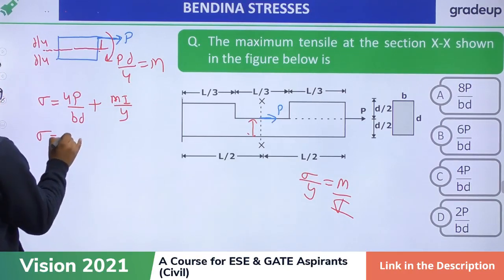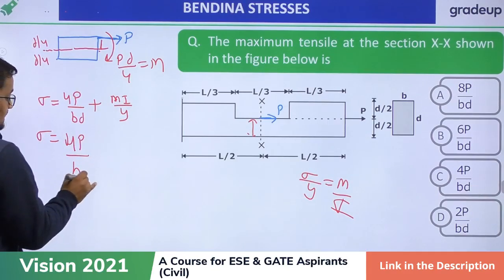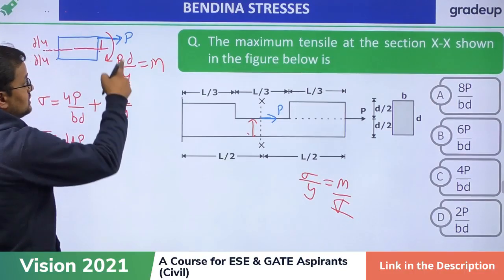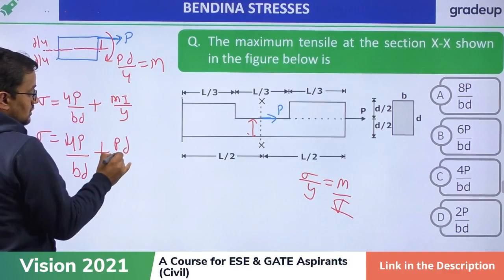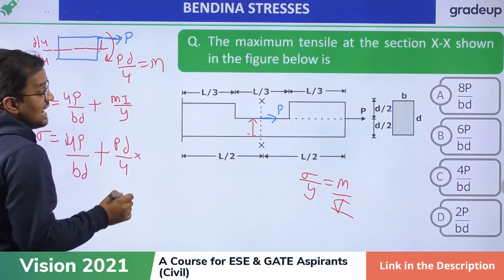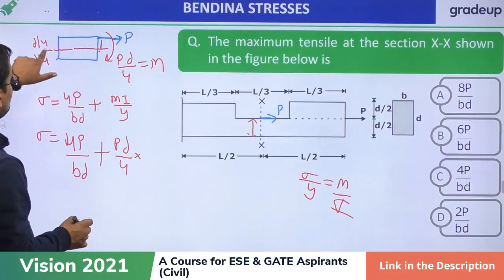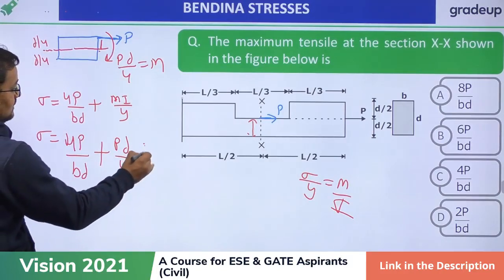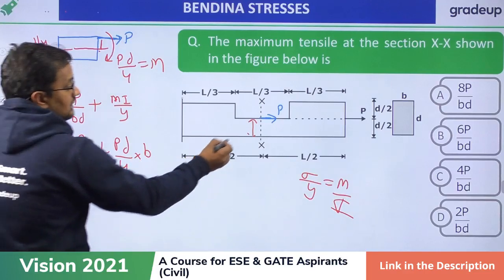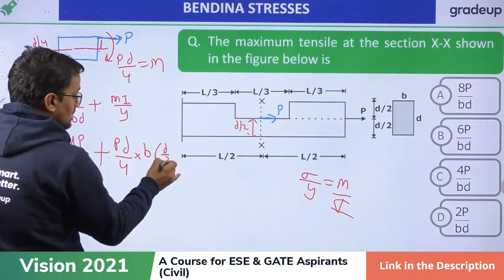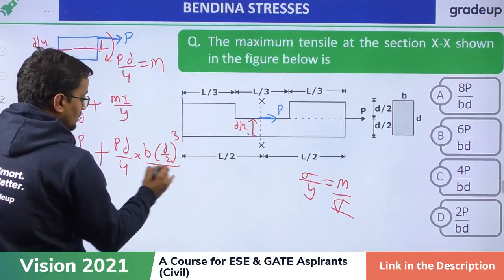So sigma is equal to P by (B into D by 2) plus M, which is P into D by 4, into y by I. I of this section is B D cube by 12, where D is D by 2, so B into (D by 2) cube by 12.